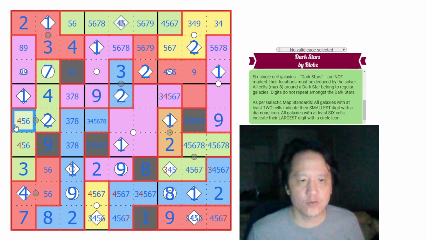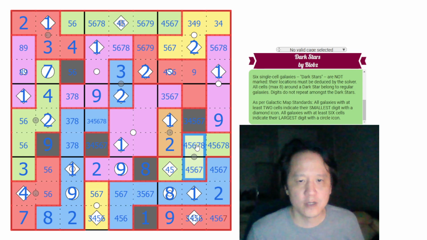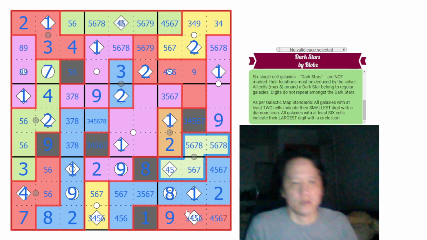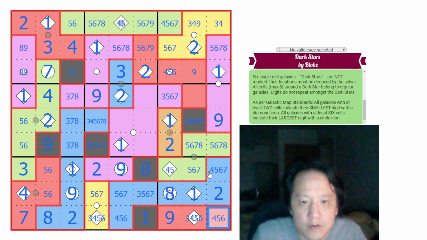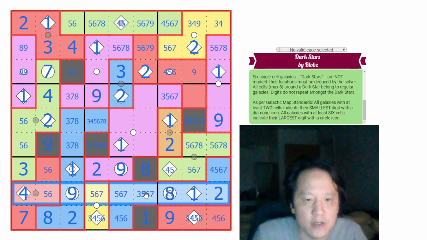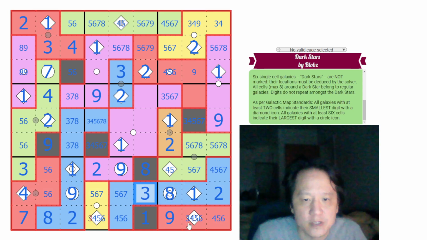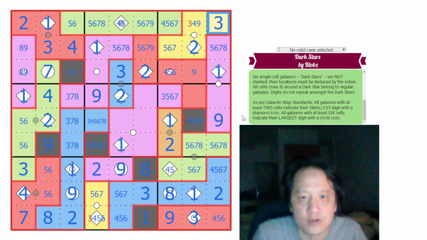This can't be 4, no 4, no 7, no 3, which means this can't be 4. This can't be 7. Where are the 3s here? The 3 cannot be anywhere but here, so this is 3. That forces this to be 3, so this can't be 3, so that's 3.